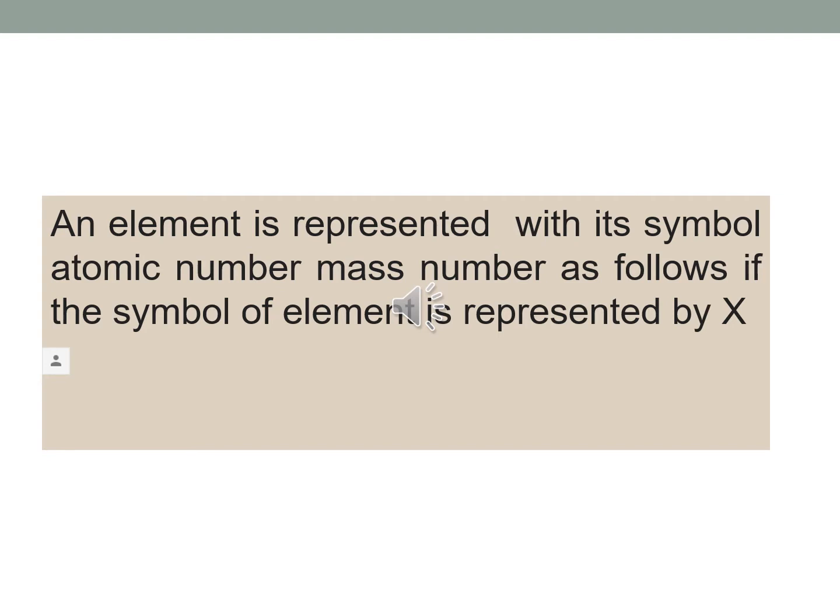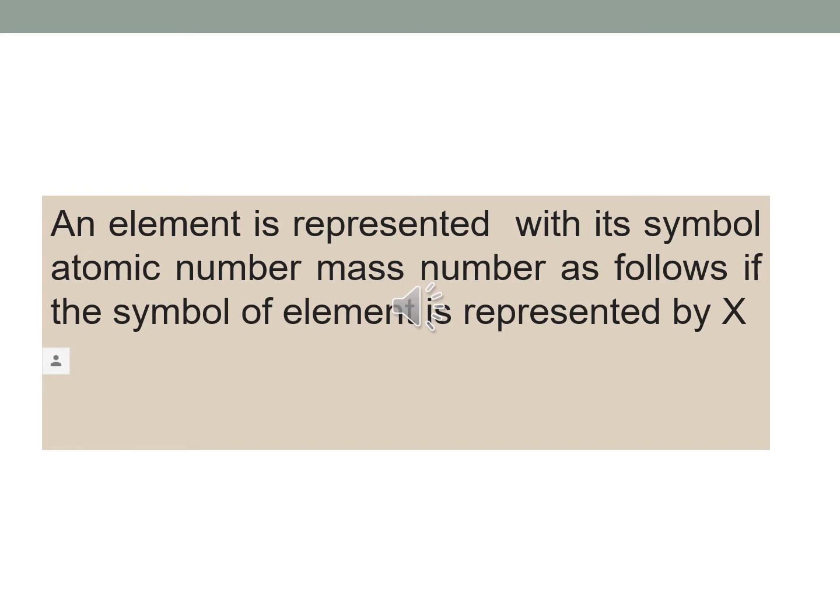The second paragraph says mass number, which is represented by the symbol A. The mass number is equal to the number of protons and the number of neutrons, so it is written as number of protons plus number of neutrons. That is called the mass number of an element.